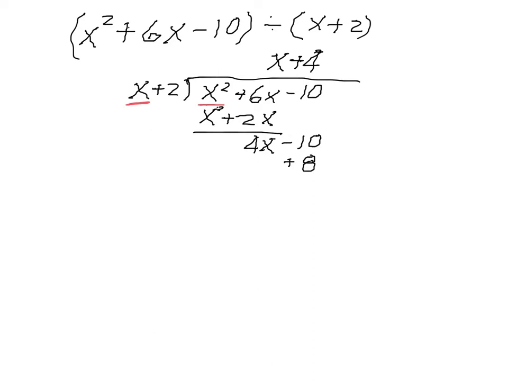And 4 times x is 4x. Again, if I subtract these two, the 4x's cancel. We have minus 10, minus 8, or minus 18. Now, there's nothing more to bring down, so that's my remainder, okay? And I can write it as minus 18 over x plus 2.